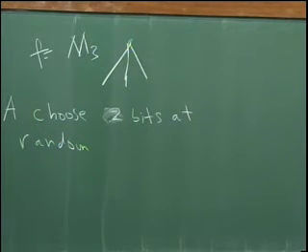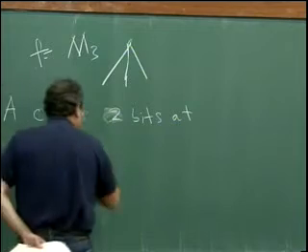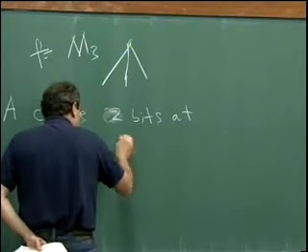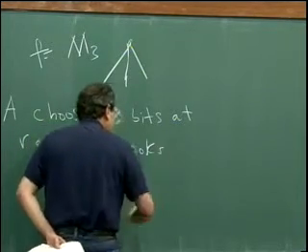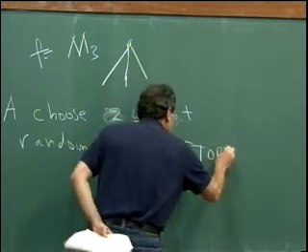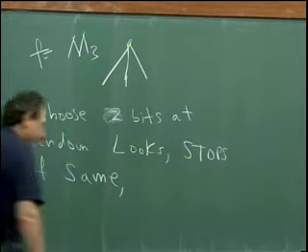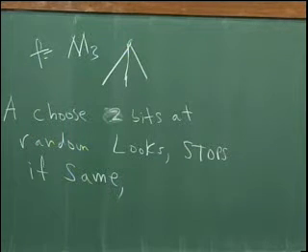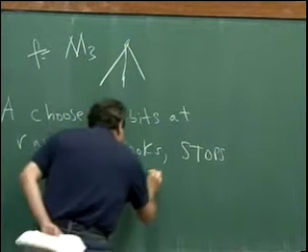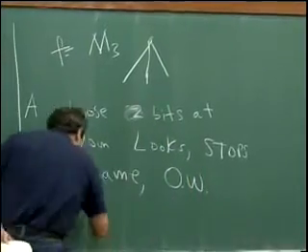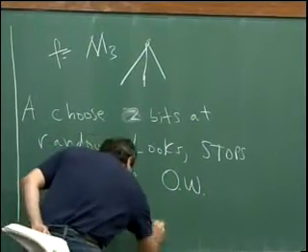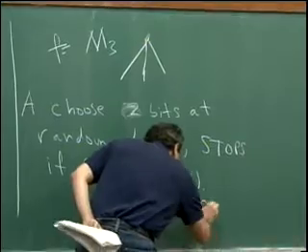Basically, I choose 1 bit at random, and then without even looking at it, I pick the second bit at random. So A chooses 2 bits at random, looks, stops if they are the same, and of course, if they're not the same, it needs to look at the 3rd bit. Otherwise, it looks at the 3rd bit.